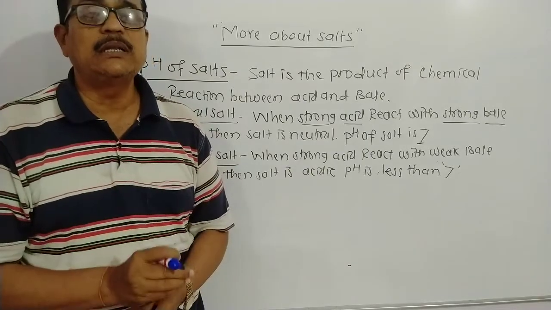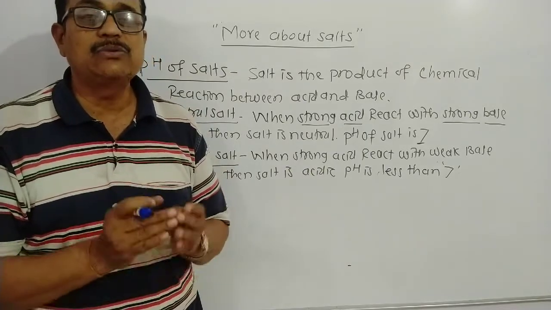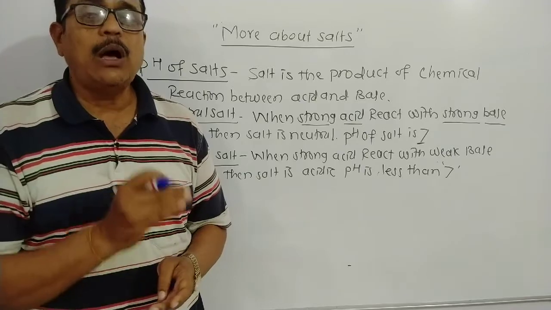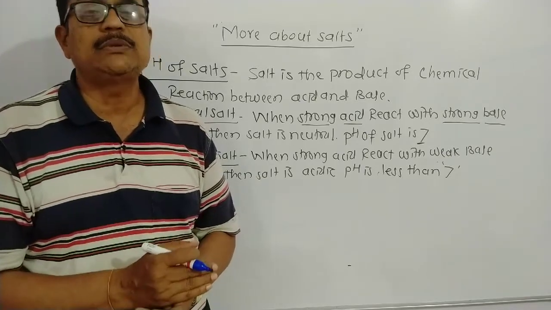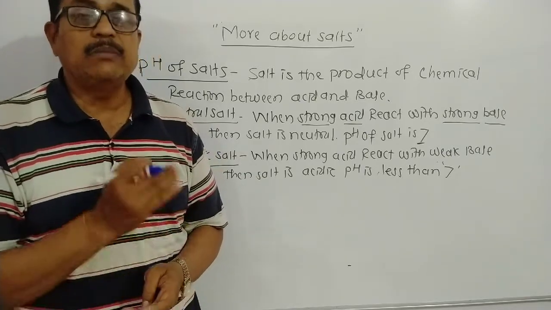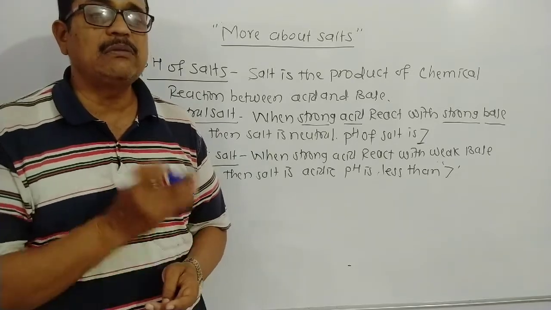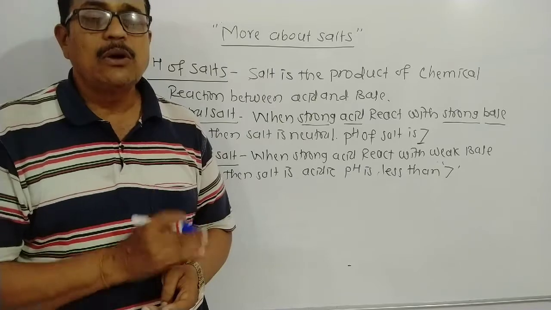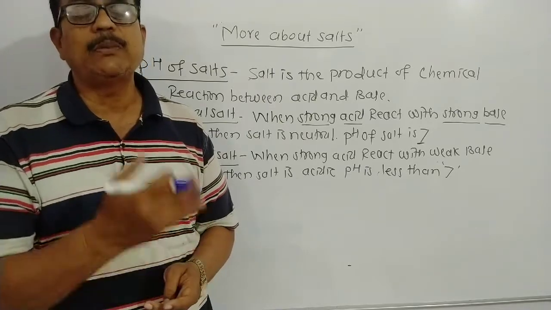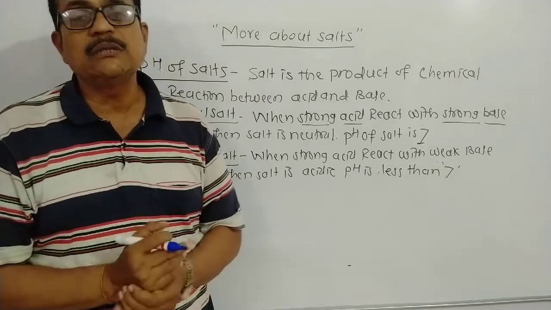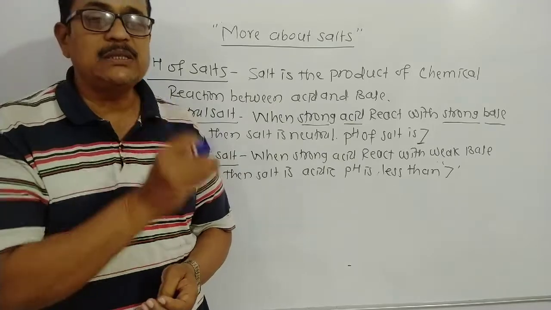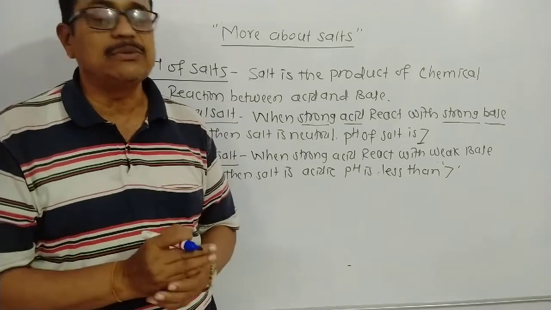Dear student, we study the nature using the pH scale. If the pH value is from 0 to 7, or less than 7, then the substance is acidic; if the pH value is more than 7 up to 14, then the substance is basic; and if the pH is exactly 7, then the substance is neutral.